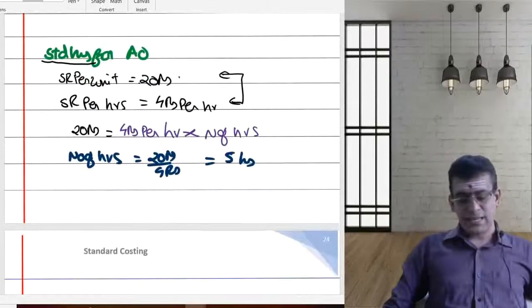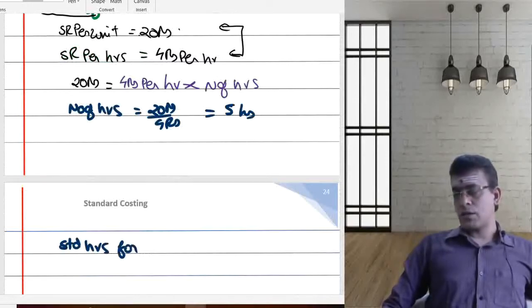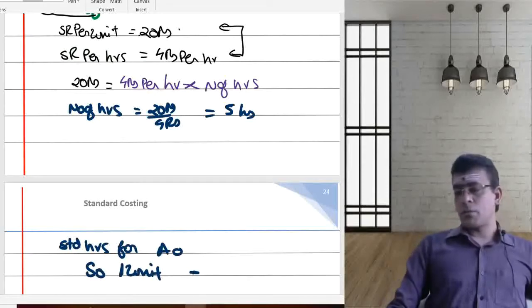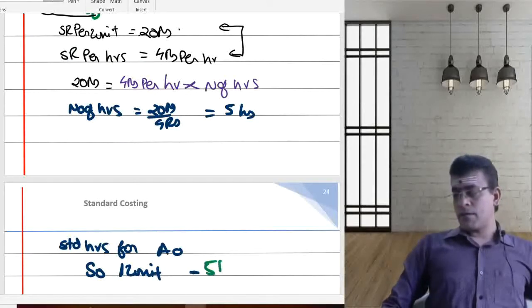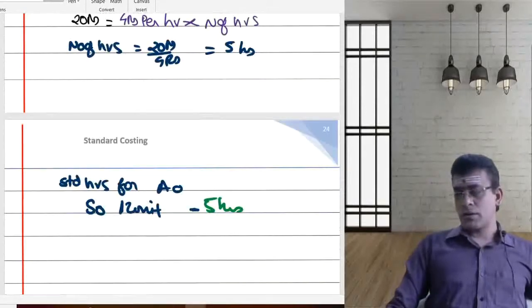Now let us quickly calculate this. Standard hours for actual output. How do we calculate this? One standard output here is 1 unit. To produce 1 unit, how many hours are required? 5 hours are required. Now, what is your actual output? You need to consider your actual output.